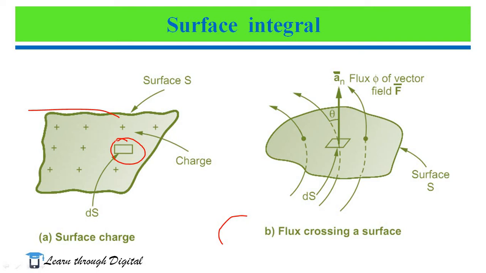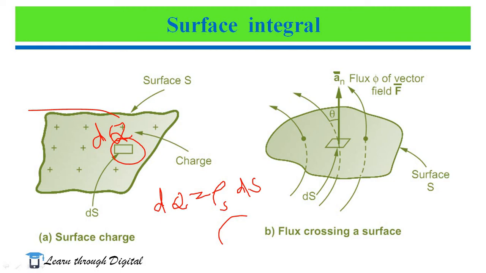Differential charge dq is equal to rho s ds, the differential amount of charge due to the differential surface. How do we obtain the total charge distributed over the entire surface?